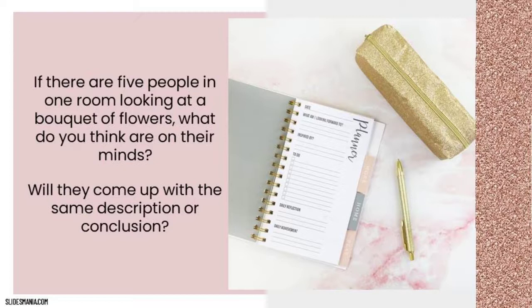Why? Because maybe some of them might describe the flowers based on its color, or some of them might describe the flowers by how they make them feel, what they remind them of. Just like what I've said before, each person's brain interprets stimuli differently based on their individual learning. So we have our own interpretation based on what we see or what we feel or based on our senses.